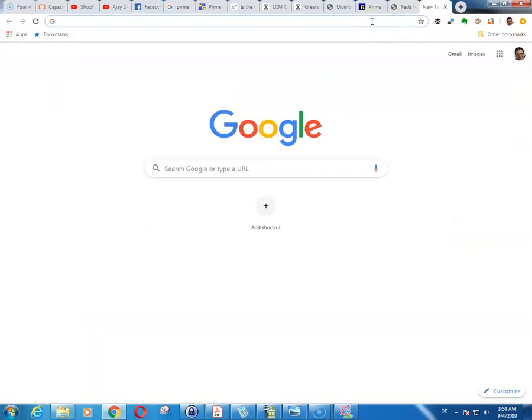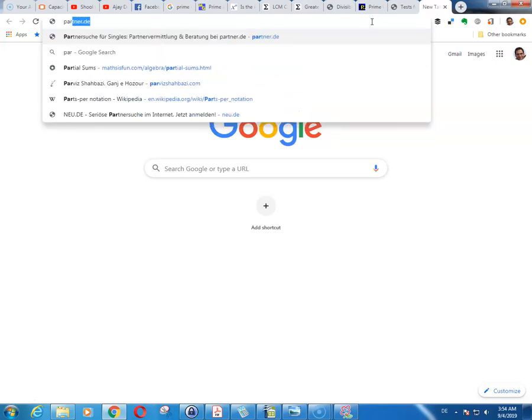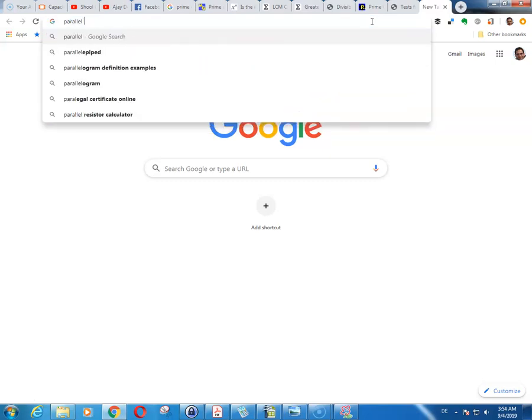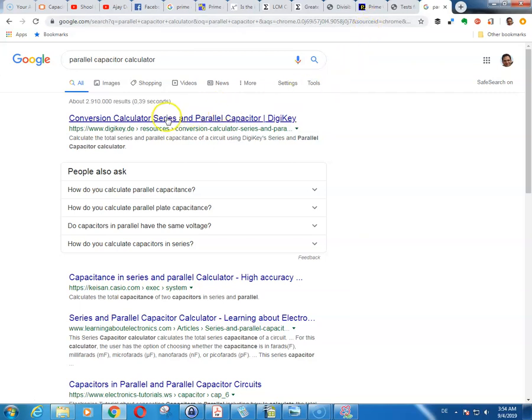There is a whole bunch of these websites on the internet these days. So for example, you can go for parallel capacitor calculator. Okay, and then conversion calculator, series and parallel circuits, and for example something like this.